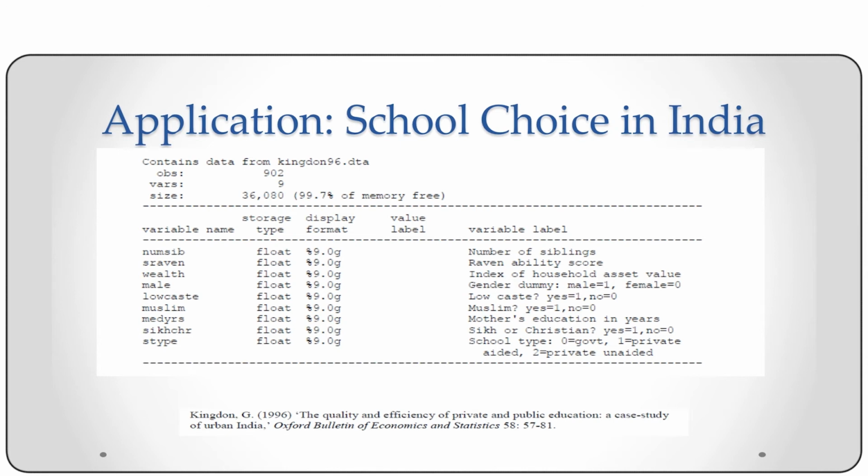So revisiting again our school choice problem. To repeat, we have certain covariates for a group of school children. Now this is data from an actually published study. The covariates for an example include individual level covariates such as the Raven score, how many siblings a particular child has, and also includes household level covariates such as the household wealth.